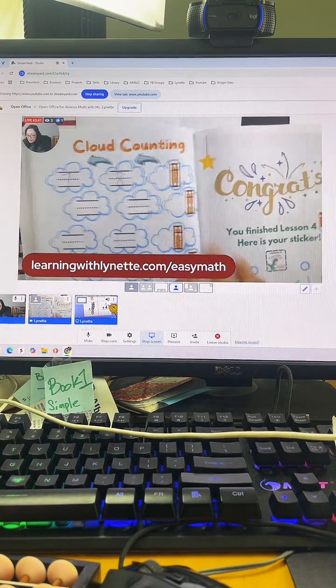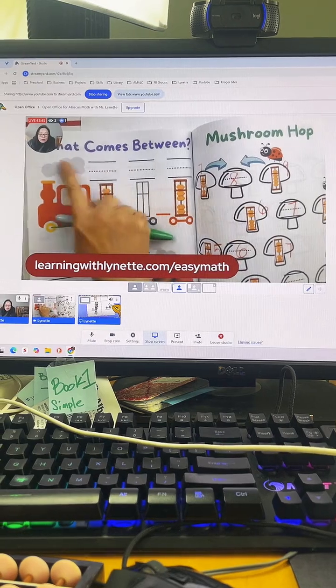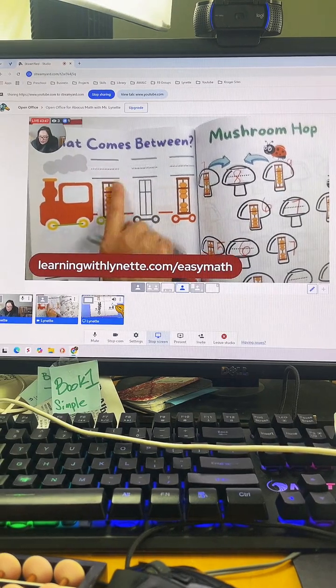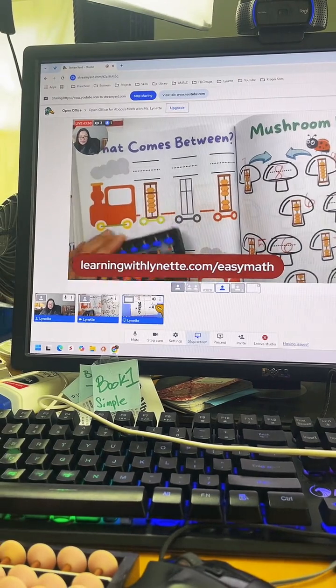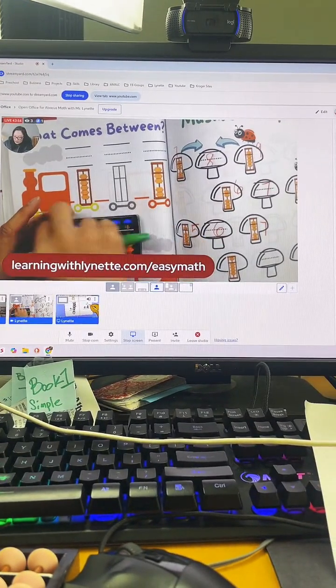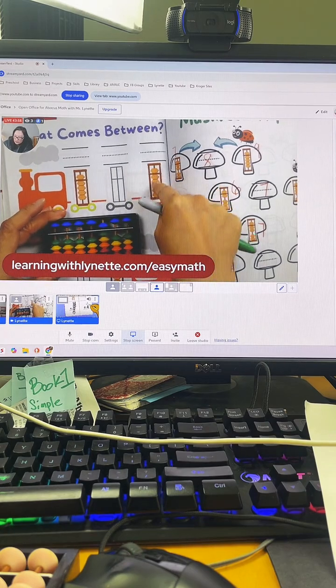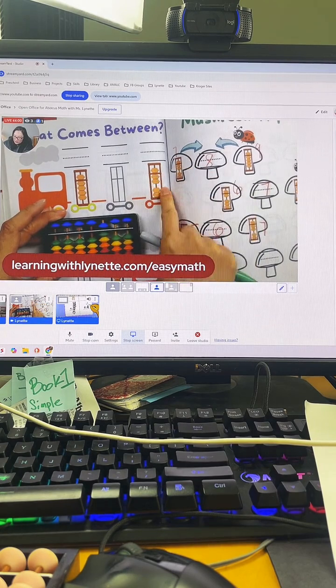Going back to my book, after we do comparison, we talk about counting backwards. We count backwards, we count forwards. Counting forwards is easy. I have it where you count what is between.